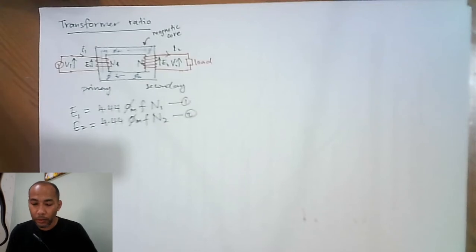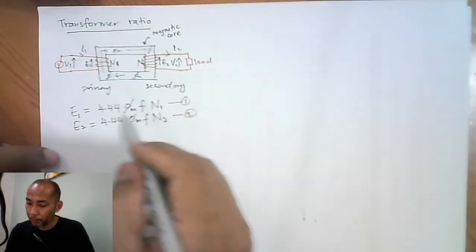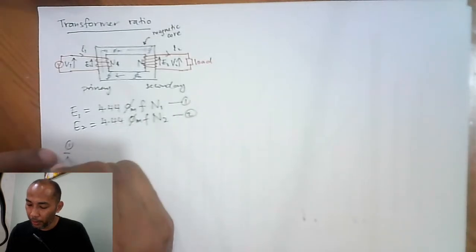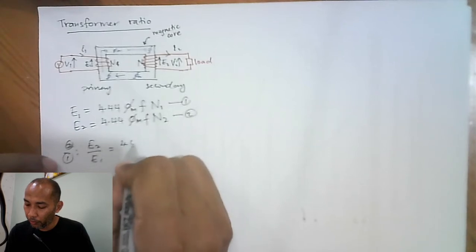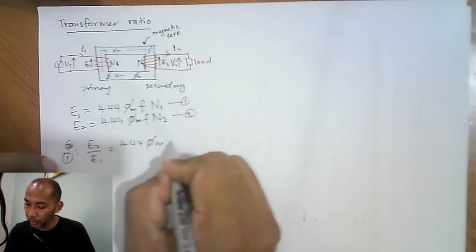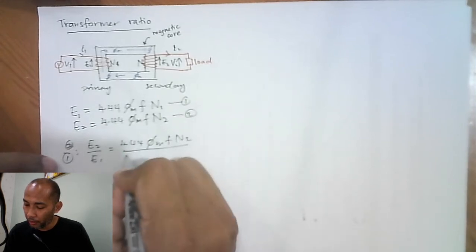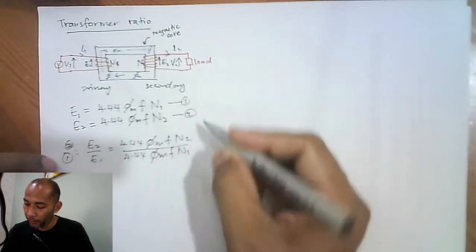Now we want to find the transformer ratio. We know that the transformer ratio is the secondary divided by the primary: equation number 2 divided by equation number 1. So E2 divided by E1 equals 4.44 flux maximum, frequency, and N2, divided by 4.44 flux maximum, frequency, and N1.